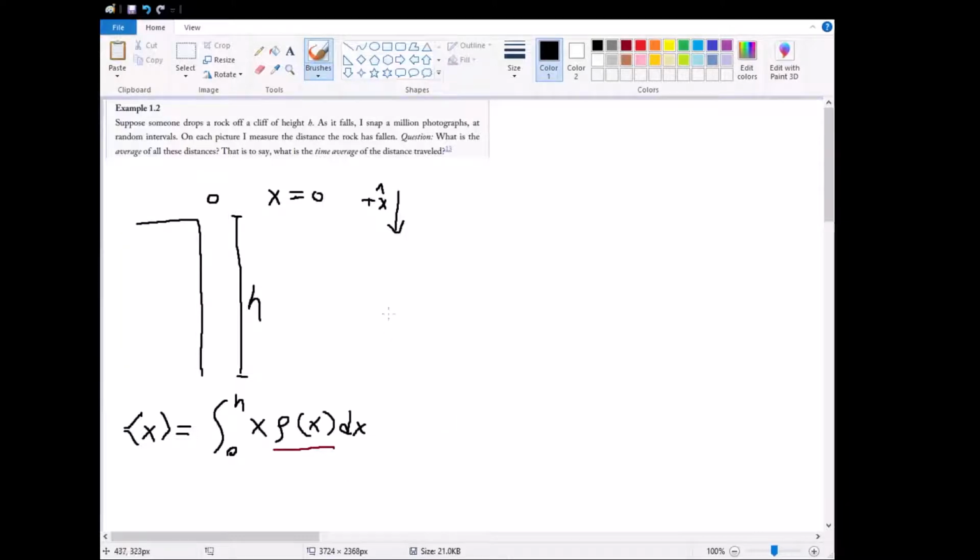Well, to start this, let's consider this instead. I've taken a million photographs at random. So what is the probability of selecting one of those photographs out of the million at random? Let's say that it takes a time interval dt to snap a photo.